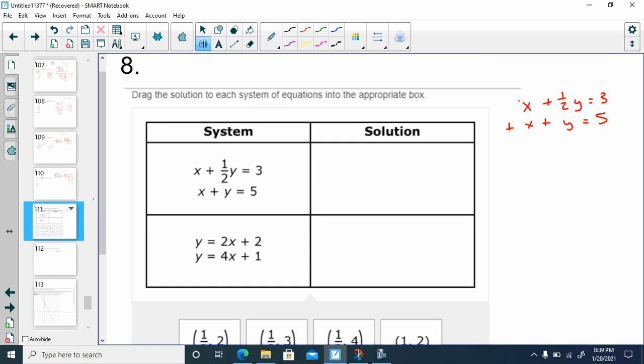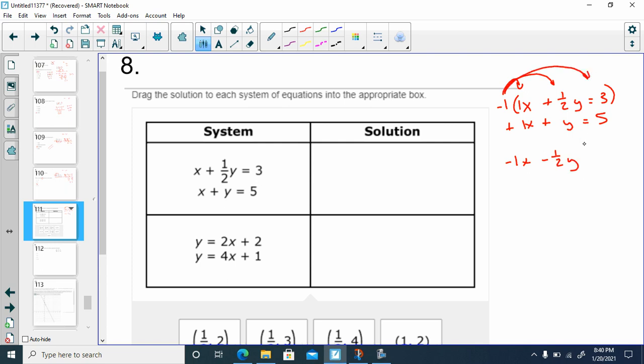Okay, I understand that there's a positive 1 in front of each of these, so what if I've got to add these, what if I multiply one of these by a negative 1? That way I'd have a negative 1 plus a positive 1. Okay, that would get rid of it. So let's do this. It gives me negative 1x, a negative 1 times 1/2 is negative 1/2 y.